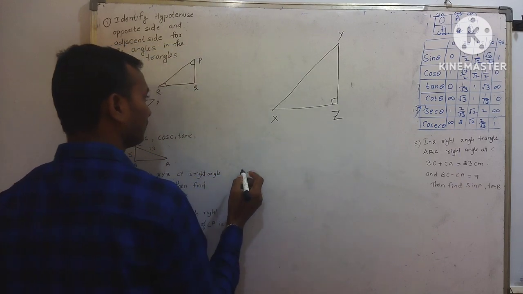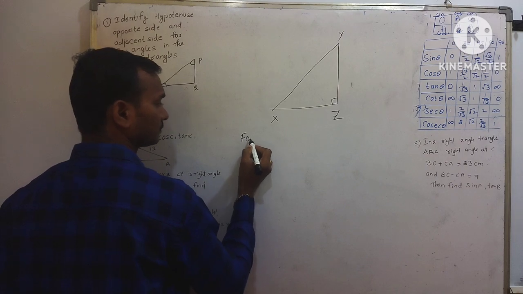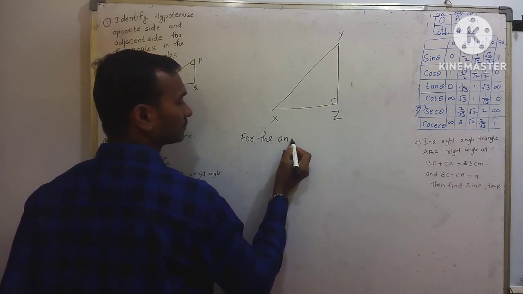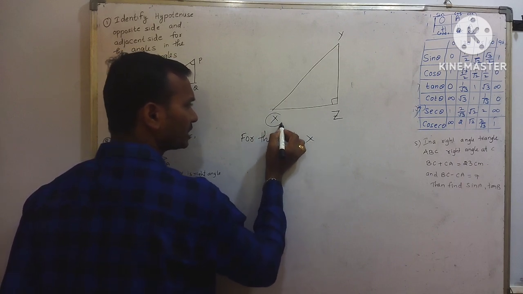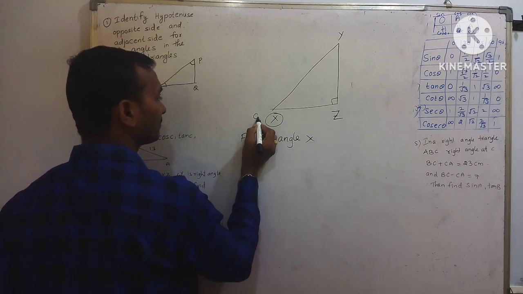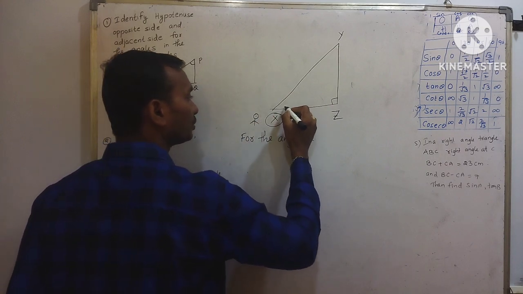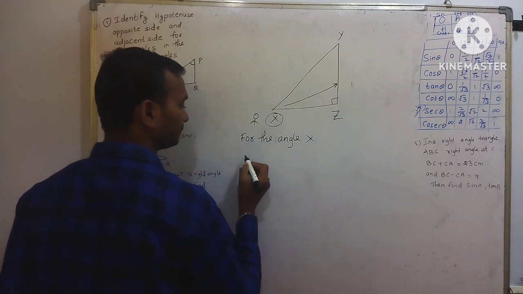So first we will write for the angle X. If you observe from this point, this is our observation point, our opposite side is nothing but YZ.